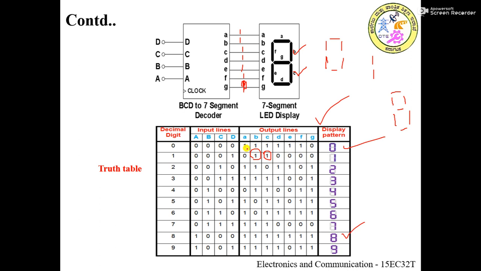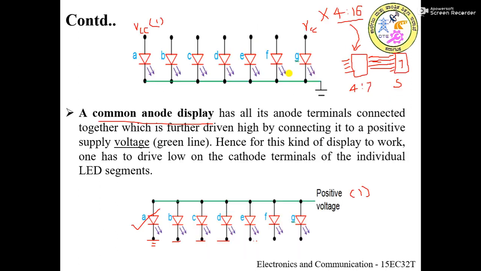Instead of sending a logic 1 on these output lines, I am supposed to send logic 0, because if it is a common anode display, all anodes are already connected to a logic 1. Only the programmer is allowed to send a logic 0 on the lines or on the selected LEDs to which he wants to glow it.